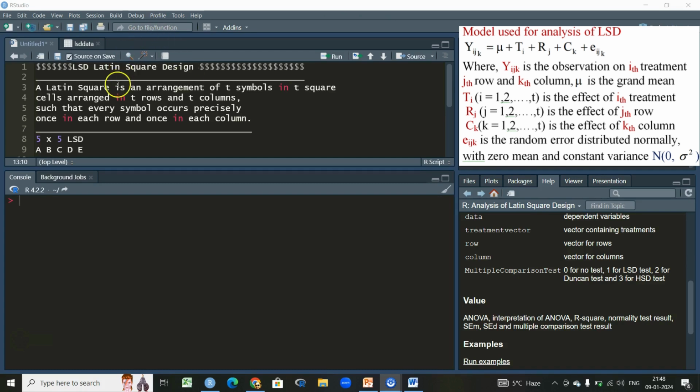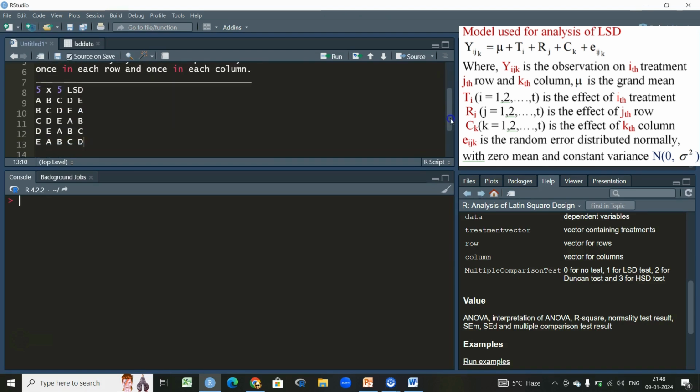This Latin square design is an arrangement of, for example, T symbols in T square cells arranged in T rows and T columns, such that every symbol occurs precisely once in each row and once in each column. For example, in a 5 by 5 Latin square design, we have 5 treatments A, B, C, D, E, arranged into 5 columns, 1, 2, 3, 4, 5, and 5 rows, 1, 2, 3, 4, 5.